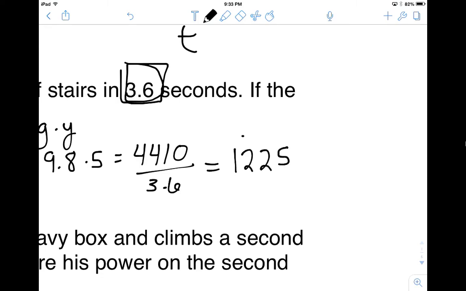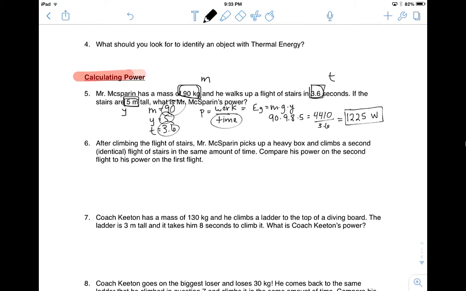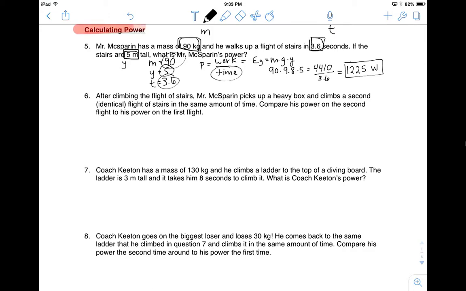And remember that we're going to write that down in watts. Okay, so there's number 5. There's the whole view. If you have a question about that, make sure that you ask me when you do number 7. It'll be similar to number 5.